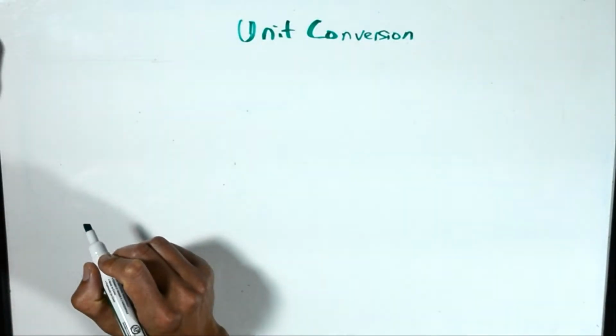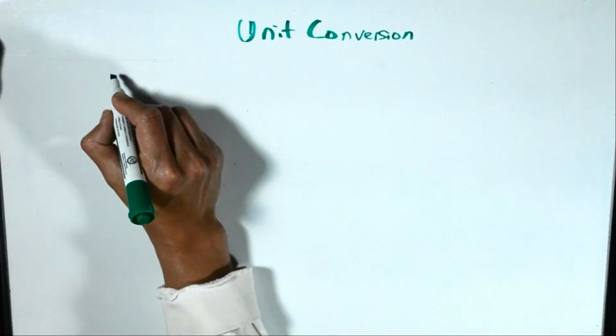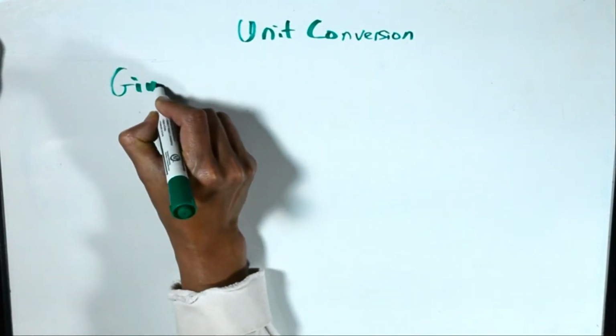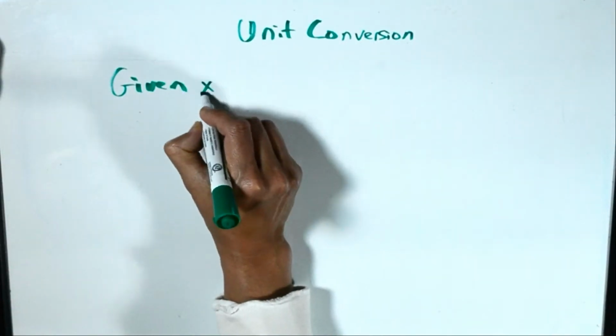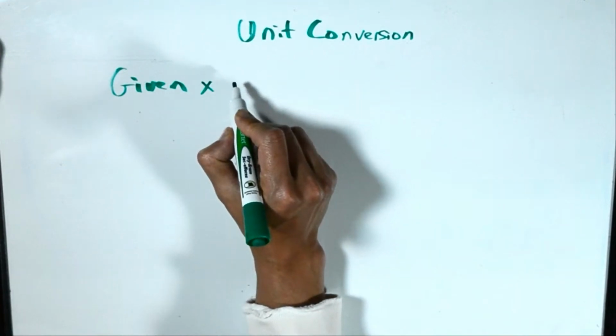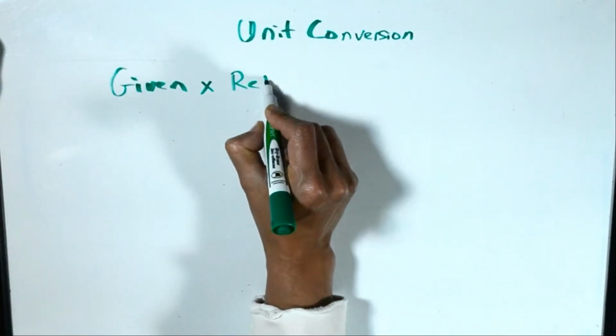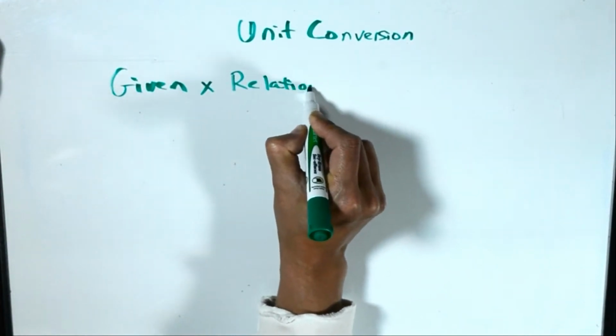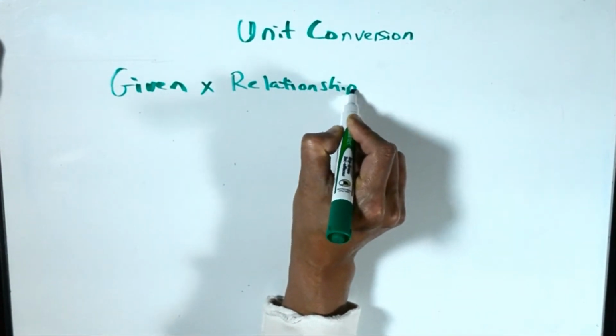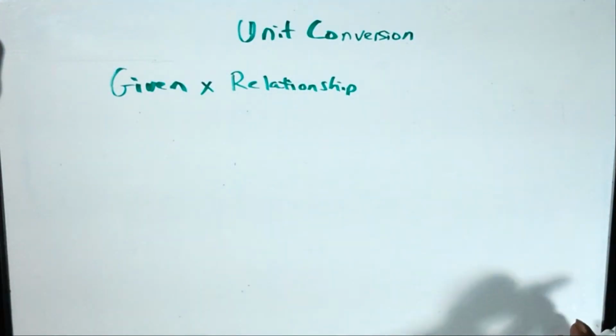The way I like to do it is start off with what's given to you, okay, what's given, and multiply that by the relationship. Okay, multiply that by the relationship. So let's look at this. Let's give an example.